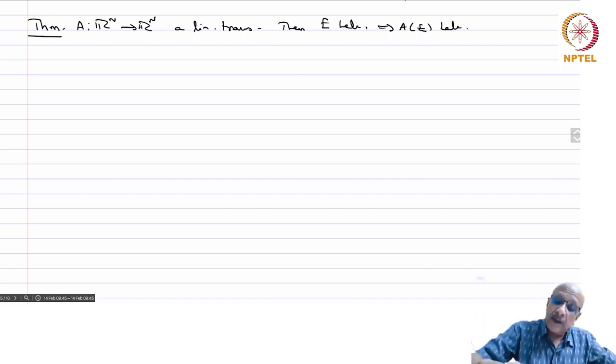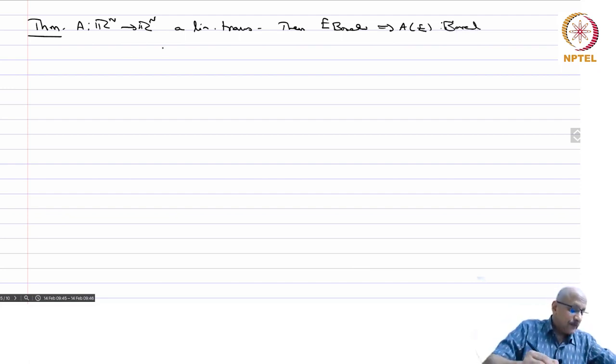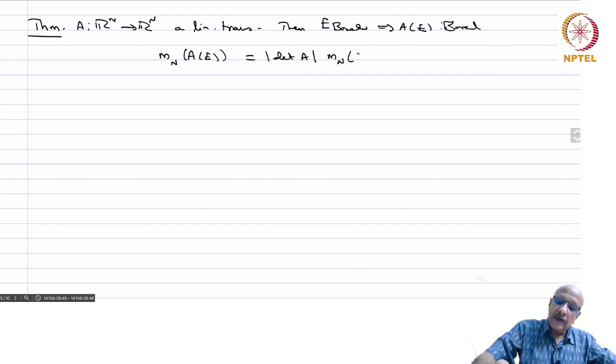So if E is Borel, AE is Borel, and it is also true for Lebesgue measurable sets. And Mn of A of E is nothing but the modulus of the determinant of A times Mn of E.